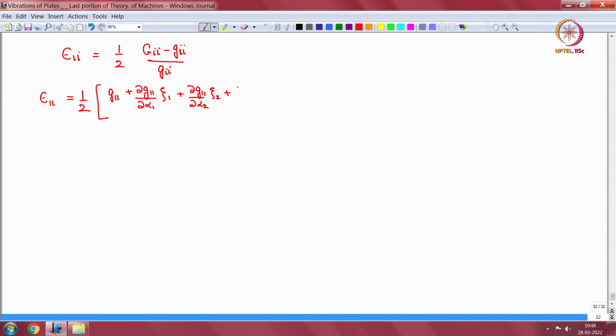I am straight away using the formula del G11 by del alpha 3 xi 3 plus twice G11 del xi 1 del alpha 1, okay, minus G11 divided by G11.